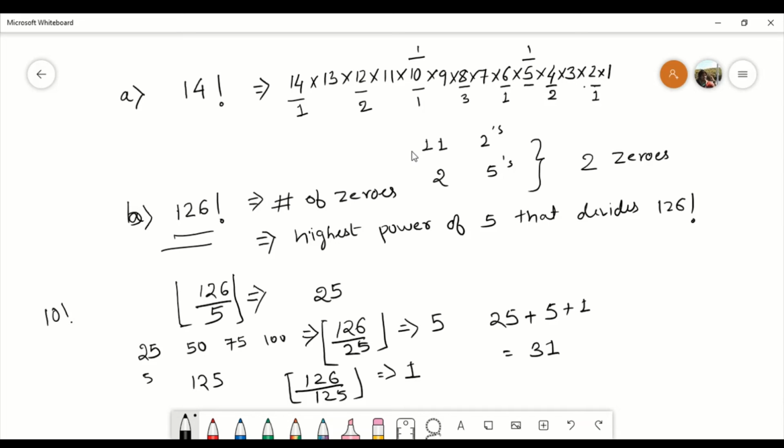So generally, if we generalize this formula, let's say we are given a number a factorial, and we have to find the power of any prime number b in this particular expression.